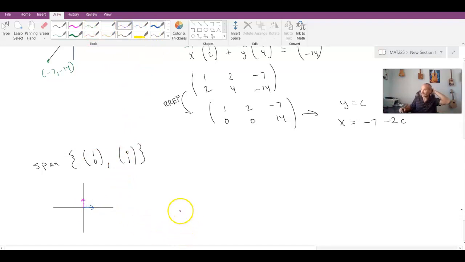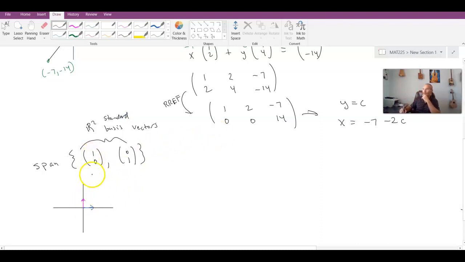And if I want to ask the question of where can I make it, so these are called the R2 basis vectors, or sometimes you'll hear standard basis, because there are many ways to be a basis for R2, but we'll talk about that later.